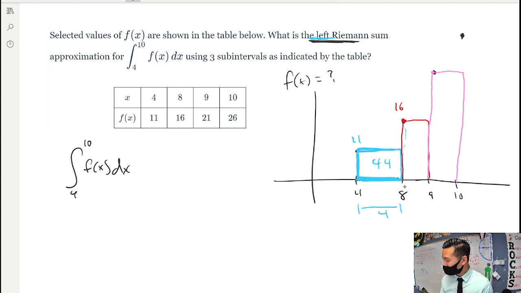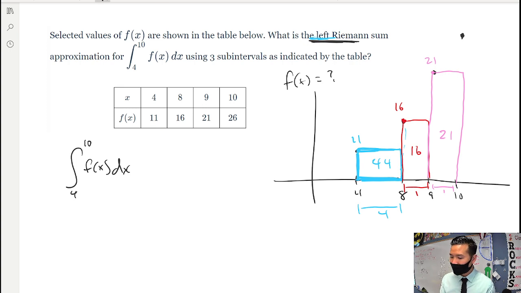Why is the height 16? The table tells us that. And the width of this is 1, so this area is 16, because 16 times 1. And the last one, 21. What's the base? 1 as well, so this is also 21.